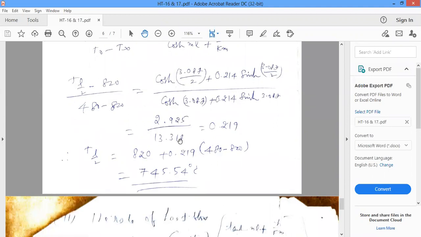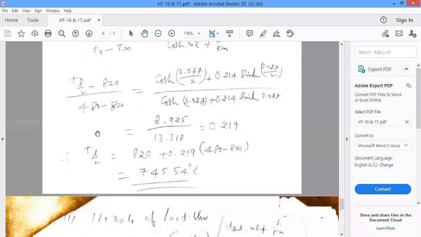Okay? So T L by 2 is equal to 820 plus 0.219 into 480 minus 820.